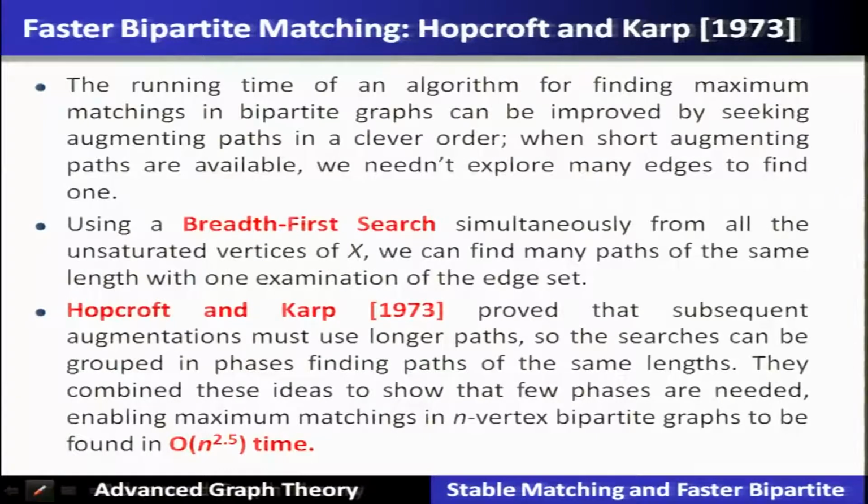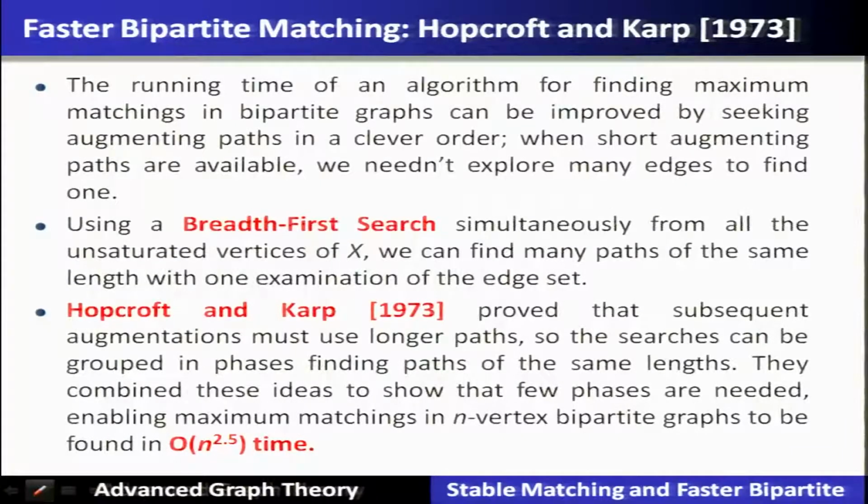That algorithm was called the augmenting path algorithm, APA algorithm, and that algorithm, if you recall, would take of the order n cube time in the worst case, where n is the number of nodes in a bipartite graph.